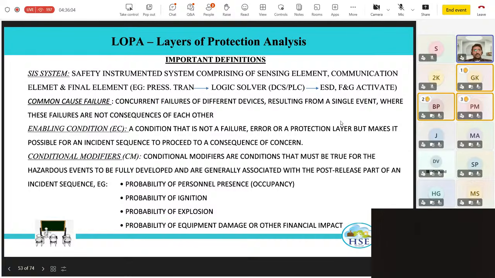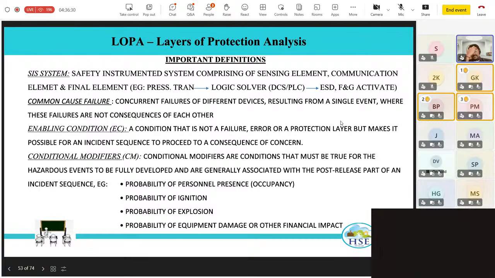Next is probability of ignition. It may so happen that though all the equipment there would be rated, ATEX rated, they may not be providing that external source. When you look at the fire triangle, you need fuel, you need air, and you need an ignition source. If you cut off any single side of the triangle, you are able to ensure that there could not be a fire.